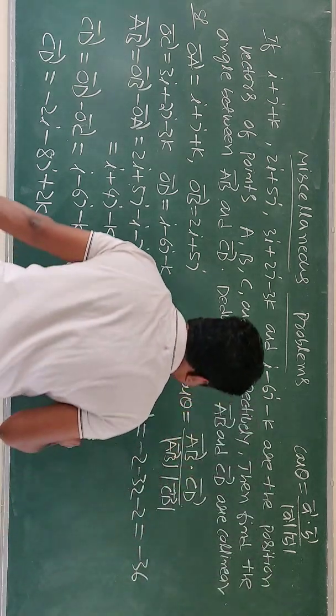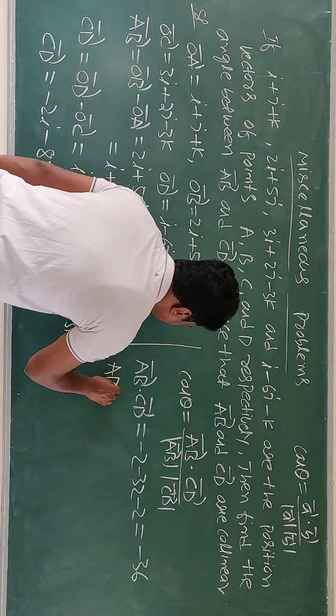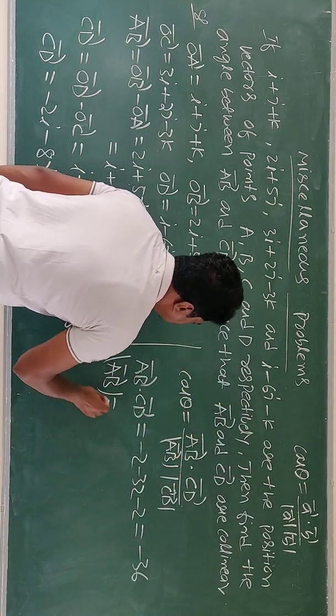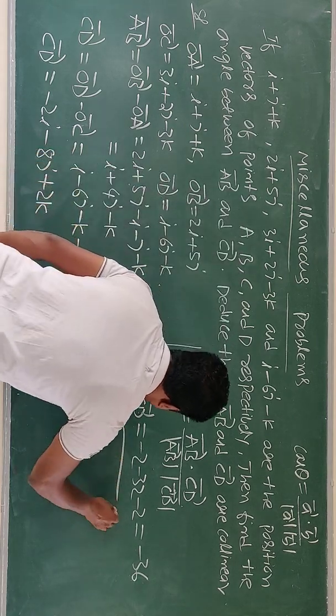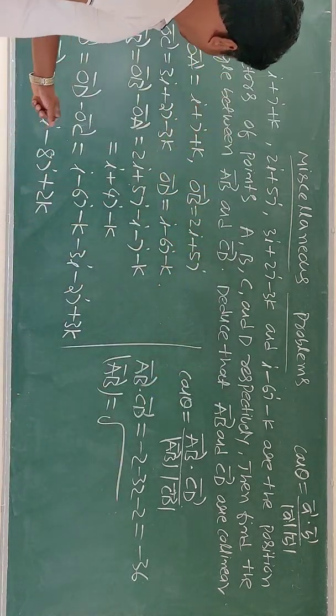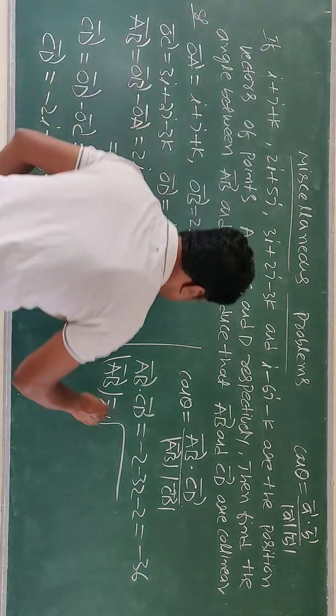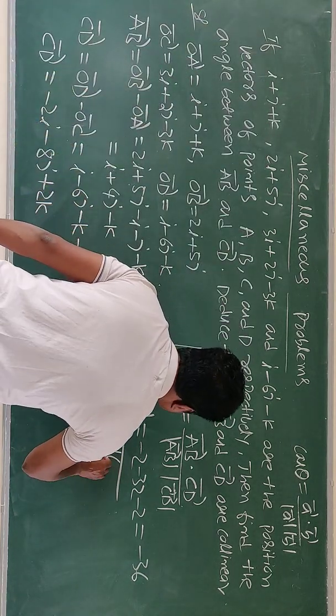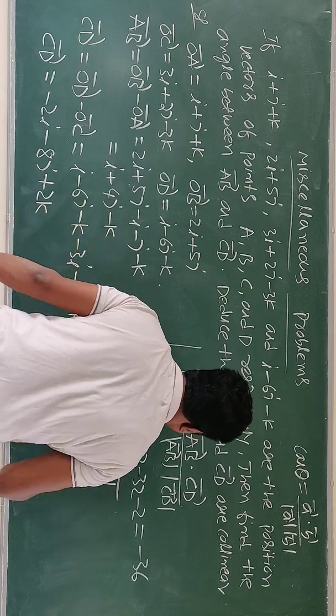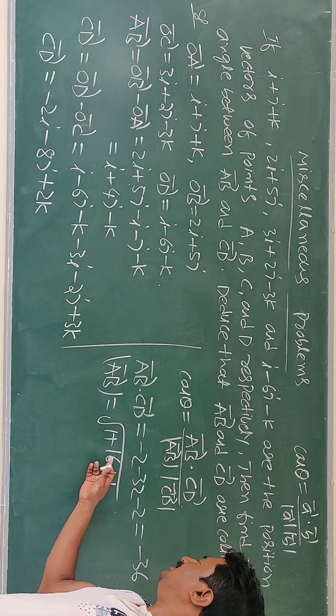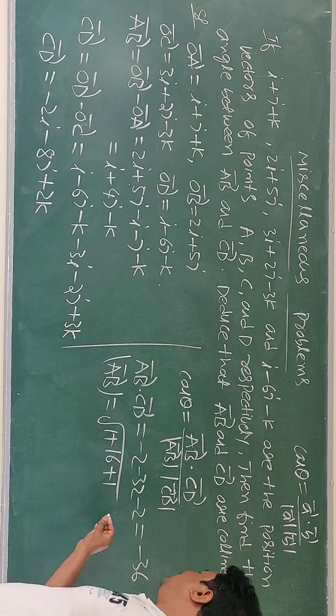Next you find out the length of AB. Root of i square 1, 4 square 16, minus 1 whole square plus 1. 16 plus 1 is 17, plus 1 is 18.